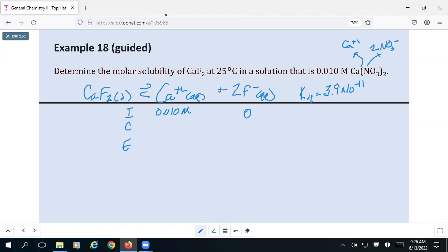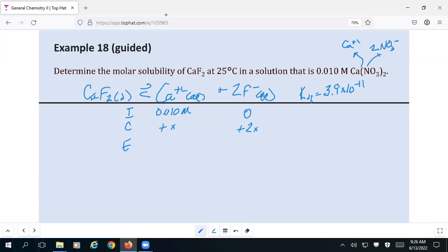Now, again, they're both on the same side of the equilibrium here, so they're both going to gain. Calcium's going to gain 1x. Fluoride's going to gain 2x. It's really, really tempting in this scenario to treat this like some of your other equilibrium problems and say, oh, I've got a starting concentration, that one's minus x.